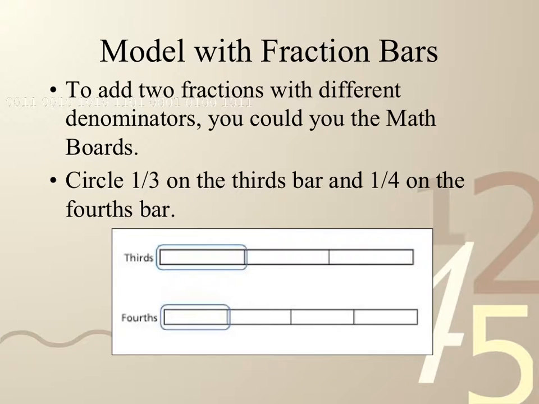To add two fractions with different denominators, you could use the math boards. If we circle 1/3 on the bar and 1/4 on the bar, we've got two separate fractions, but now the question is, okay, I can't combine them because they are not the same size parts, so what do we do?